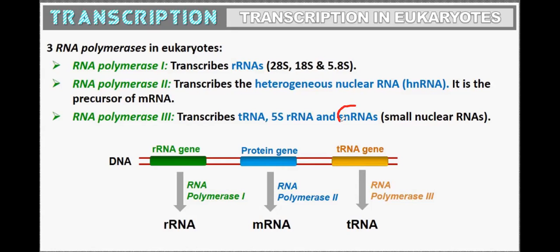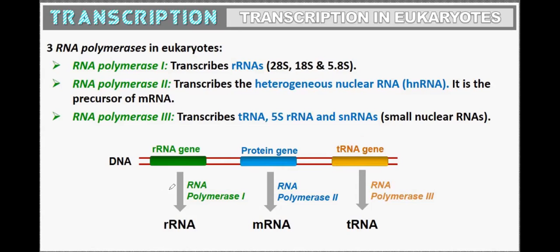These are very important to remember. Sometimes the question will be: what do you mean by hnRNA, or what do you mean by snRNA? hnRNA stands for heterogeneous nuclear RNA, and snRNA means small nuclear RNA. Here is a ribosomal RNA gene, a protein gene, and a transfer RNA gene.